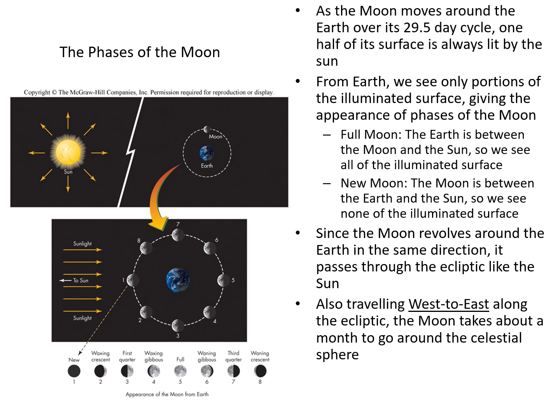Now, from our perspective here on Earth, this motion of the moon is the moon traveling relative to the stars of the celestial sphere. And because the plane of the orbit of the moon and the plane of the orbit of the Earth are more or less the same, the moon appears to travel along the ecliptic, a little bit off the ecliptic from time to time, and it also travels in the same direction as the sun.